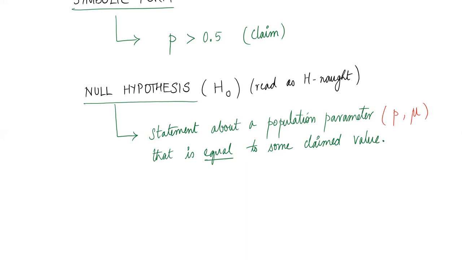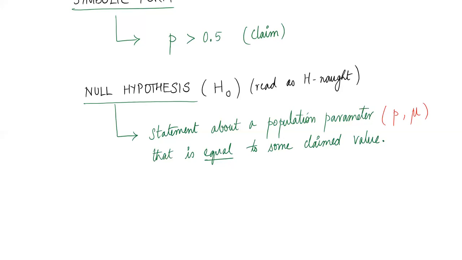We never know fully about the population, so we can never openly say, yes, we accept it. When we say we fail to reject it, we are kind of accepting it because we're saying we have no other choice but to fail to reject this. In some sense, we are able to accept it. Anyway, coming back, the decision would be: do I reject the claim or do I fail to reject the claim? That is where it stands.